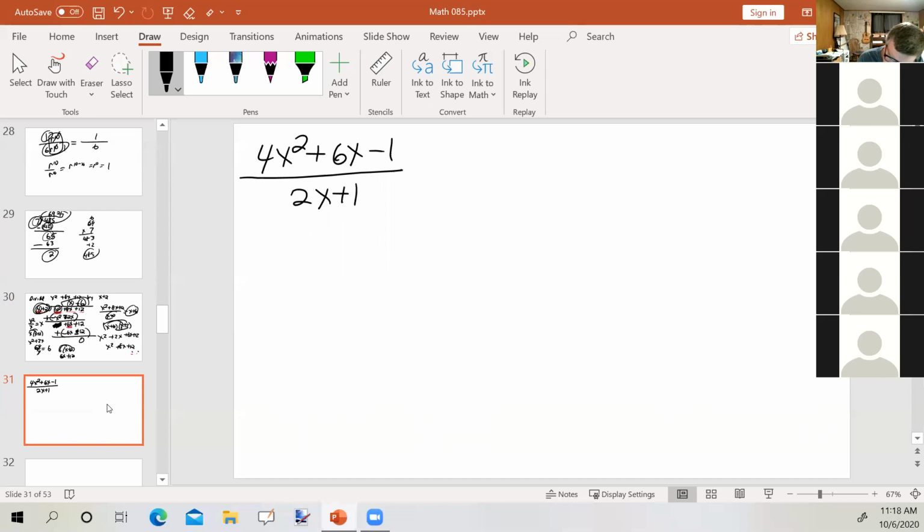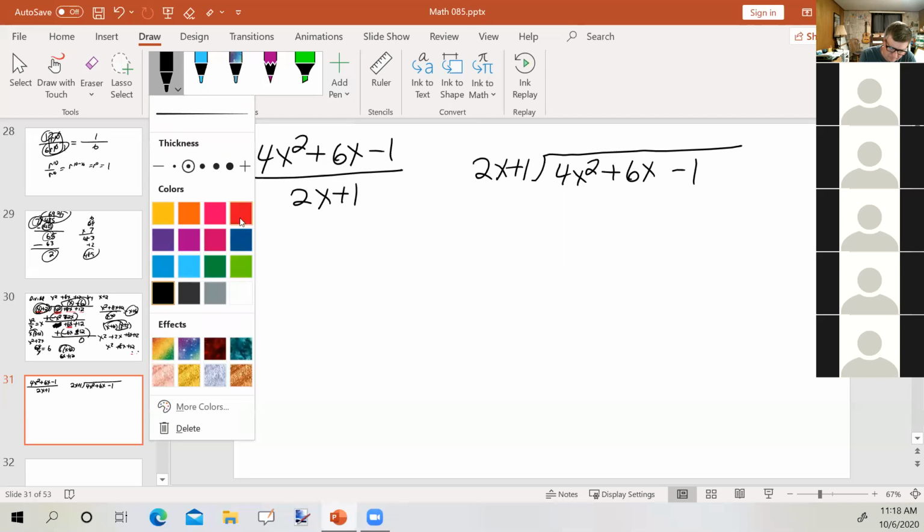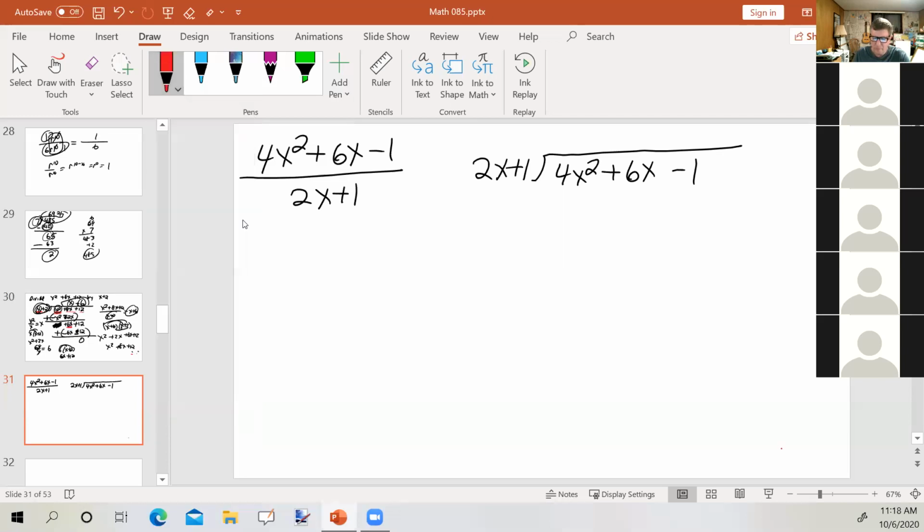My divisor goes outside, that's the denominator. So I've got 2x plus 1 outside and 4x squared plus 6x minus 1 on the inside. All right, both of them are in descending powers or standard form.